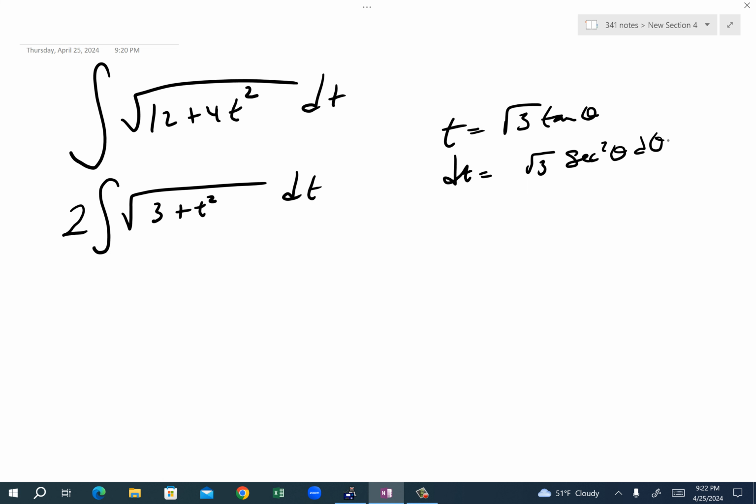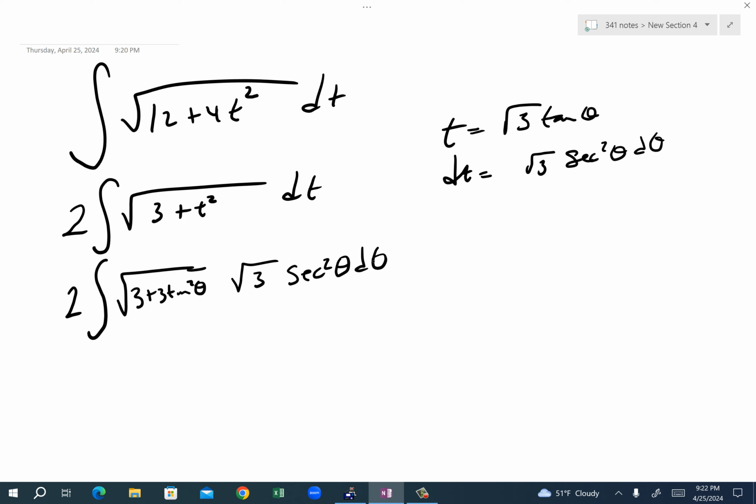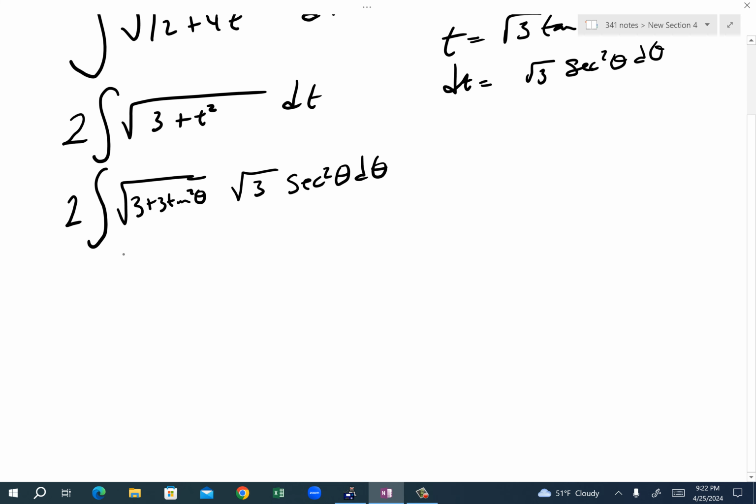Cool. Now, let's play the game. So it's 2 square root, and this is going to be 3 plus 3 tangent squared theta. And then dt is root 3 secant squared theta d theta. Remember, this is going to be 3 secant squared theta inside a radical.